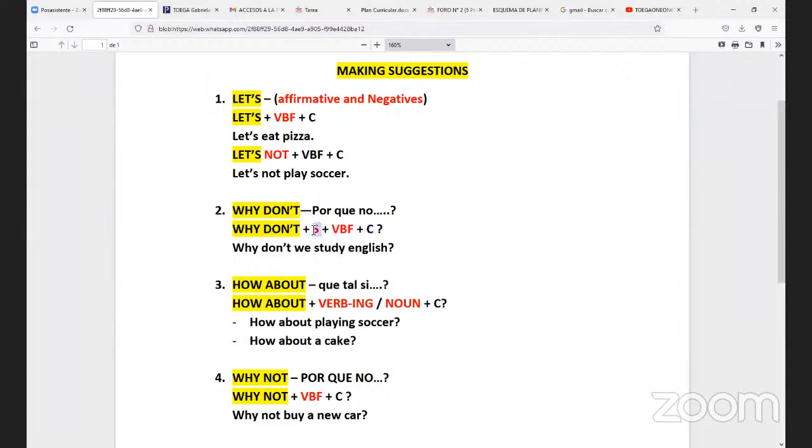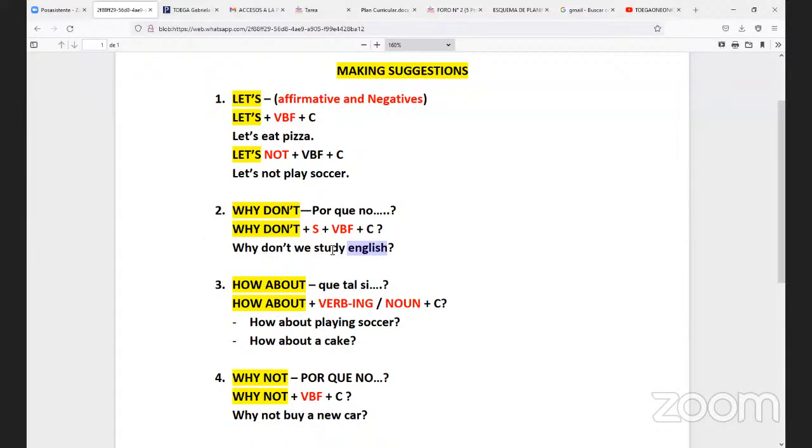Here it's necessary to put a subject because we can make a suggestion for a single person or a group of people. For example, why don't we, the subject, the verb always in base form, study, and the complement English.